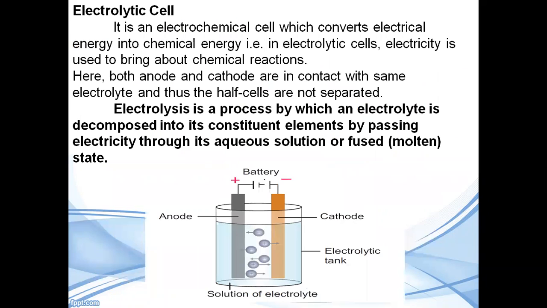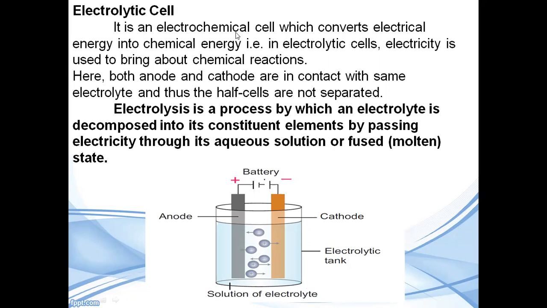The next one is the electrolytic cell. It is an electrochemical cell which converts electrical energy into chemical energy. The galvanic cell converts chemical energy into electrical energy, but the electrolytic cell converts electrical energy into chemical energy.